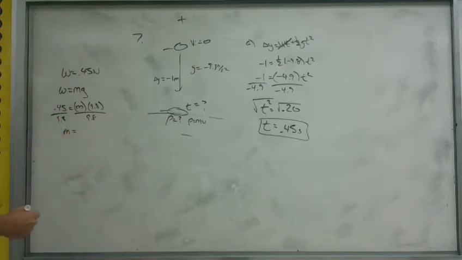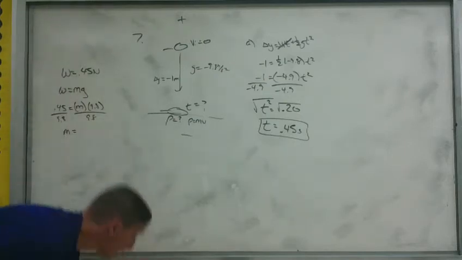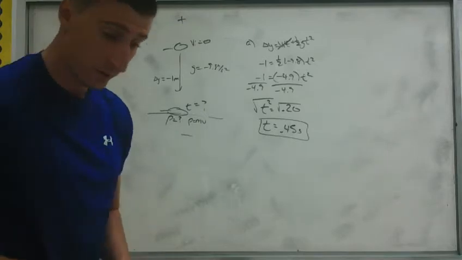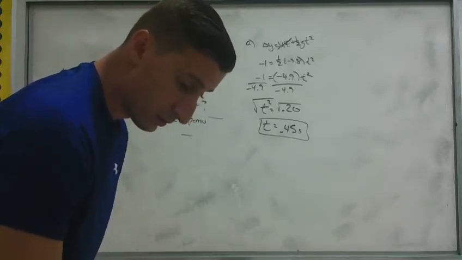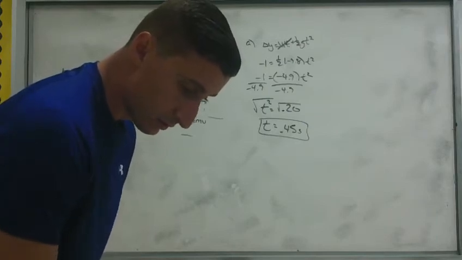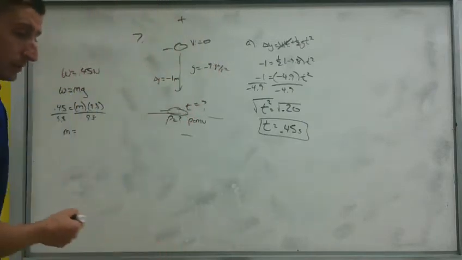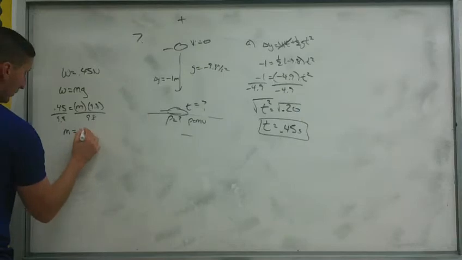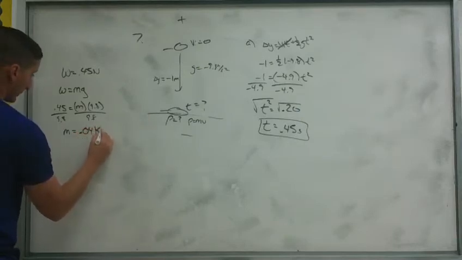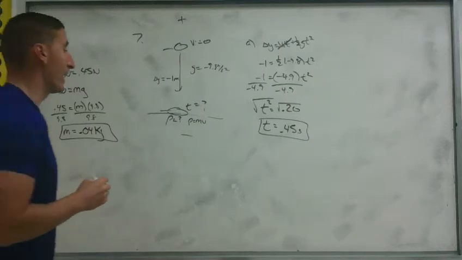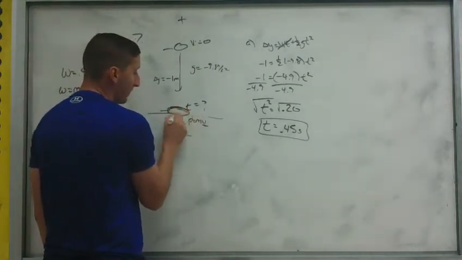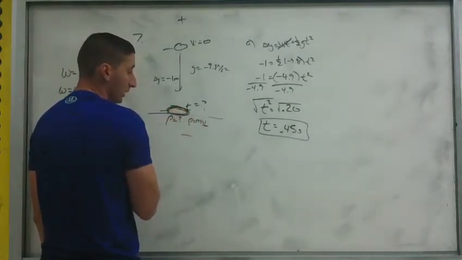The mass of the golf ball is 0.45 divided by 9.8. I get 0.04 kilograms.